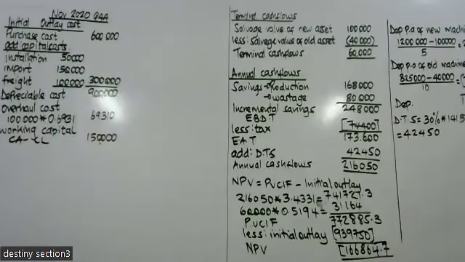For replacement, that is when you are replacing one machine with the other, the format you follow is strictly for replacement. Kuna purchase cost, kuna capital cost, kuna depreciable cost, investment, then disposal proceeds of old.